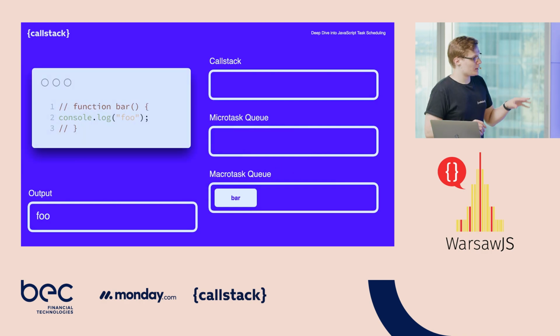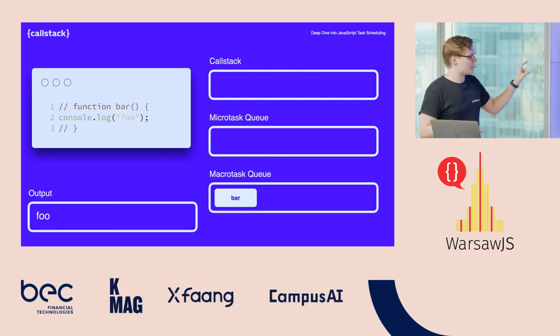What happens next is the browser picks a scheduled task from the microtask queue and executes it. But as you can see, I intentionally changed the source code of it because we are not actually running the same function bar. We are in a different context. As you can see, the call stack is empty, and that's important because we were invoked by the scheduler.